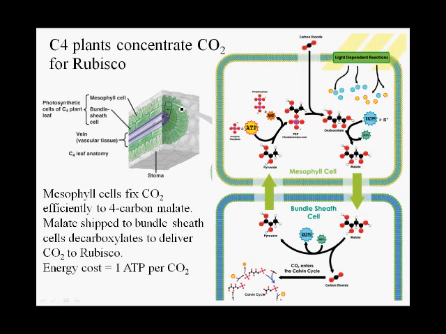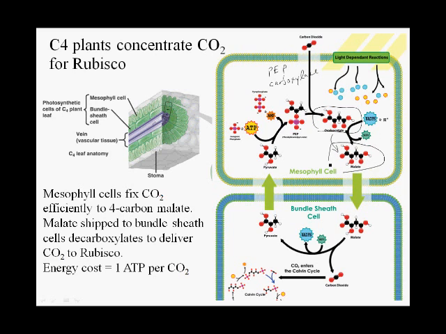And it turns out that these mesophyll cells and the bundle sheath cells in C4 plants have different chloroplasts. So the mesophyll cells use PEP carboxylase and C4 to fix carbon dioxide to form a 4-carbon compound, which is then converted to malate.